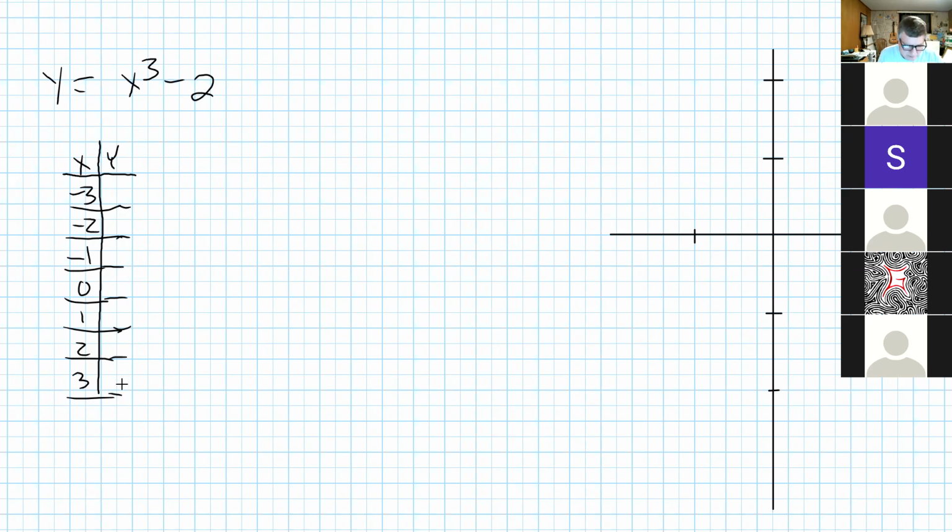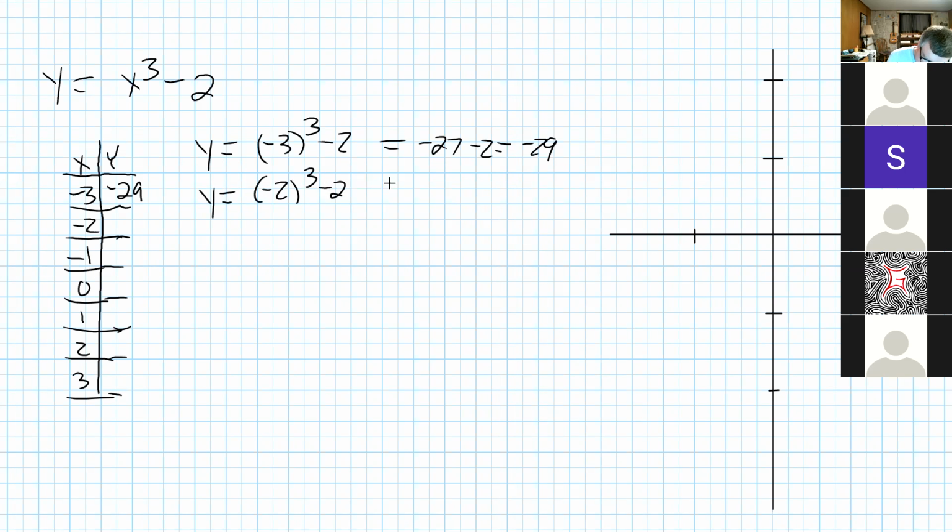Once again. So if x is -3, y equals -3 cubed minus 2, which is -27 minus 2, which is -29. Wow. If x is -2, y equals -2 cubed minus 2, which is -8 minus 2, which is -10.